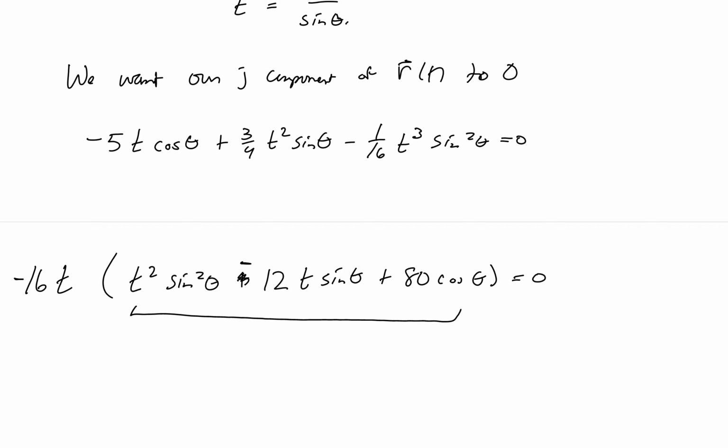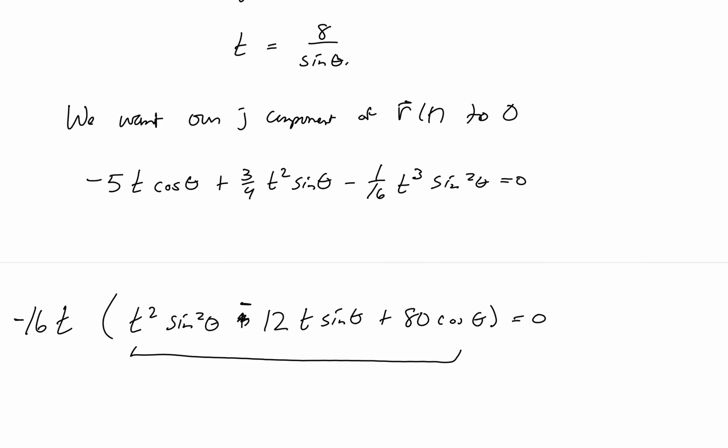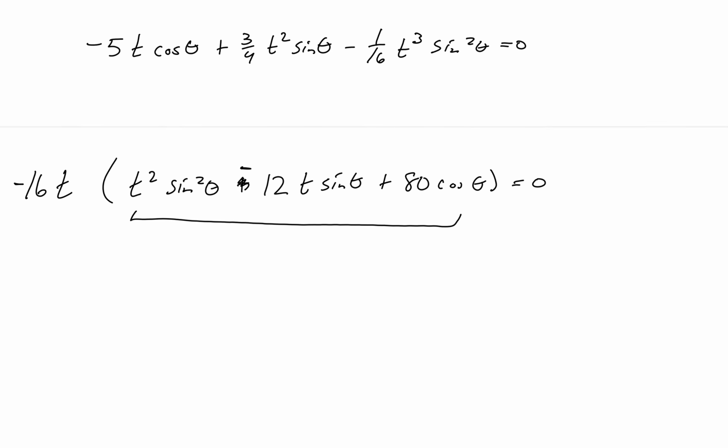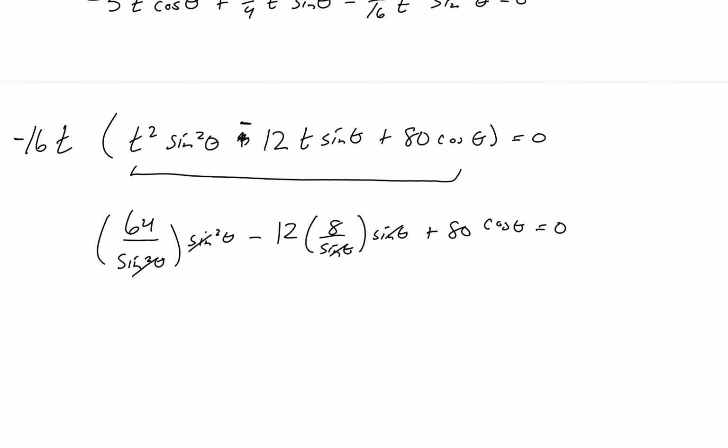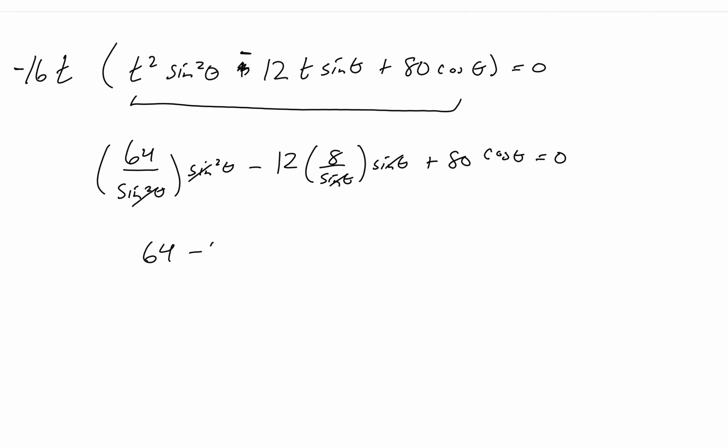We already know what our t is, it's 8 over sine theta, so I have 64 over sine squared theta times sine squared theta minus 12 times 8 over sine theta times sine theta, plus 80 cosine theta equals 0. So these cancel here, and I get 64 minus 12 plus 80 cosine theta equals 0.